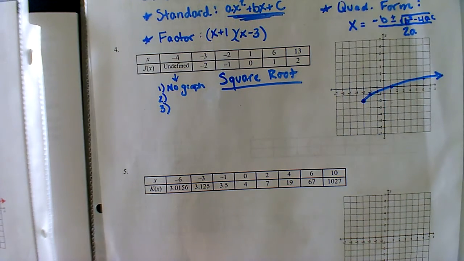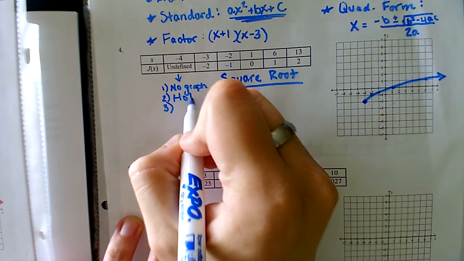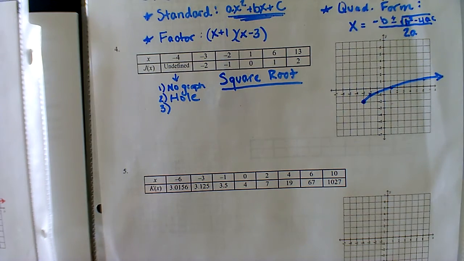But what else could show up on a graph to signify that there's nothing there? An open circle, called a hole. A hole, thank you. We could have a hole, perfect. There's something else that could happen. Everyone's favorite curse word, swear word in math, at least it was when I was in high school.